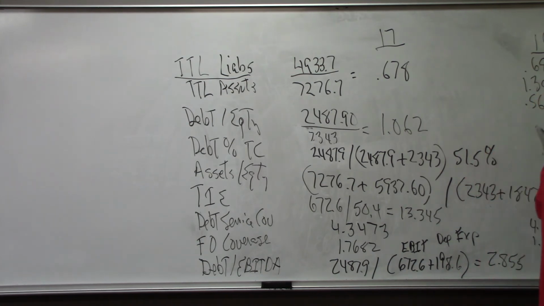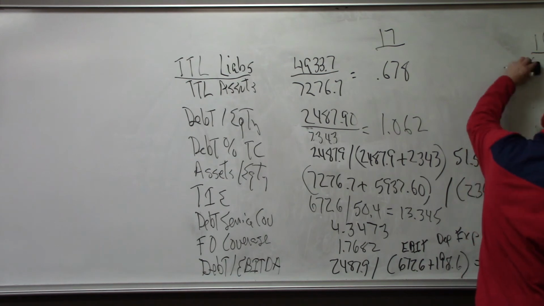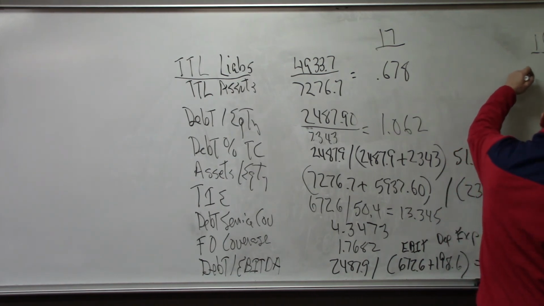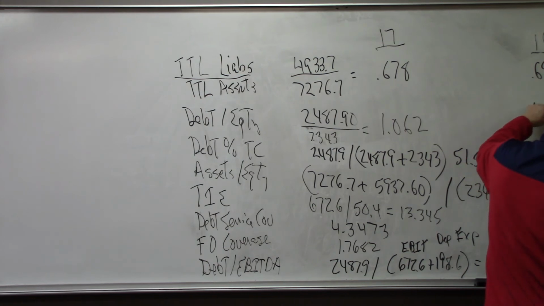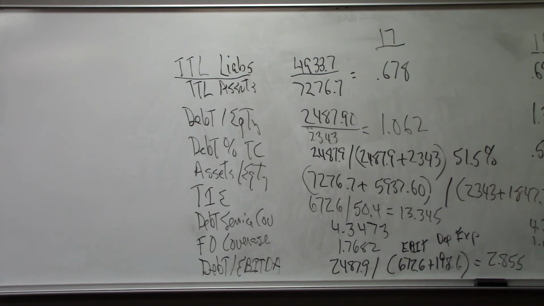Let's do it over here. Let's move this down a little bit and do our best to try to line it up. Okay? 0.6888 and 1.30 and 0.5653 and 3.795, times interest earned is 26.75.